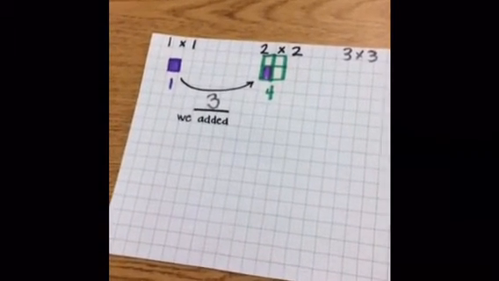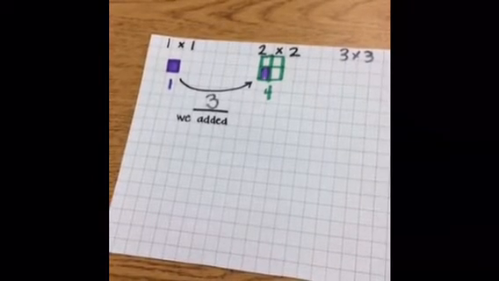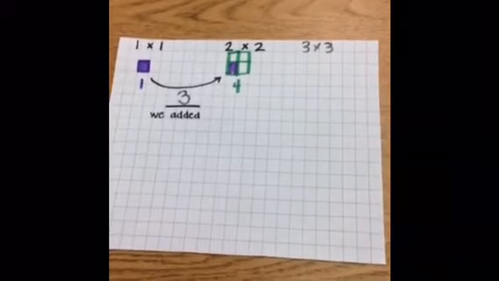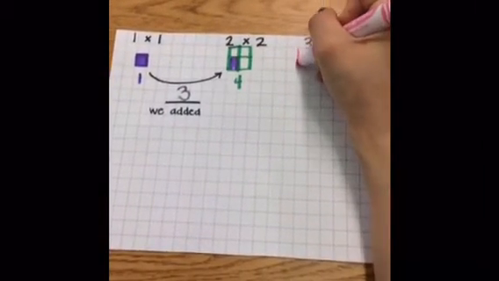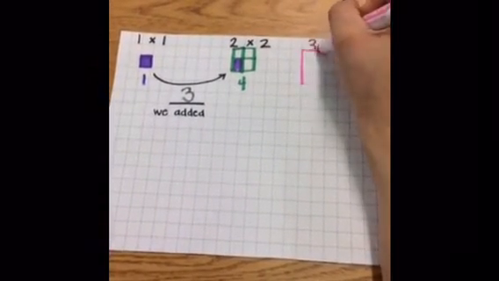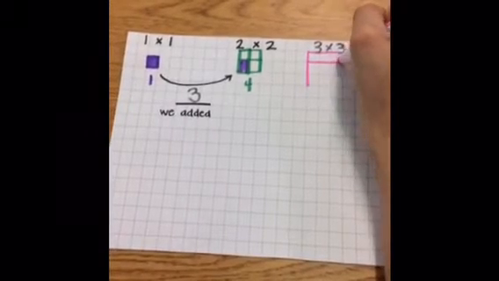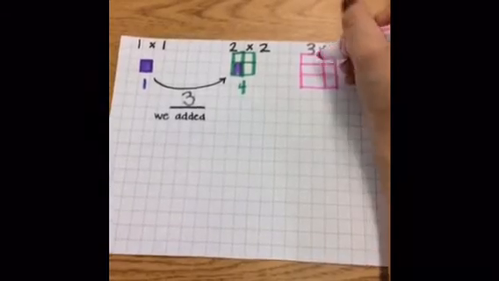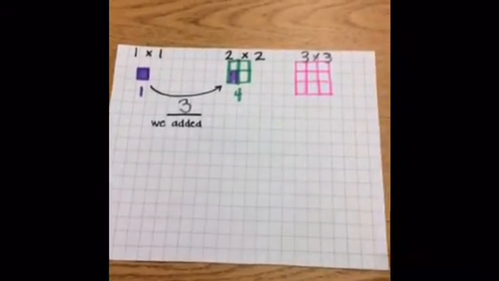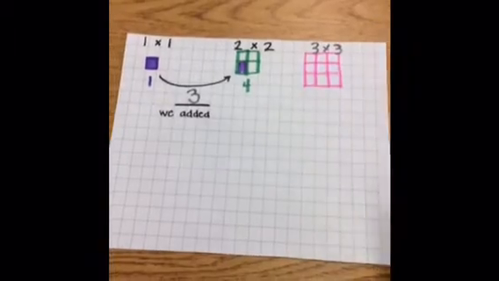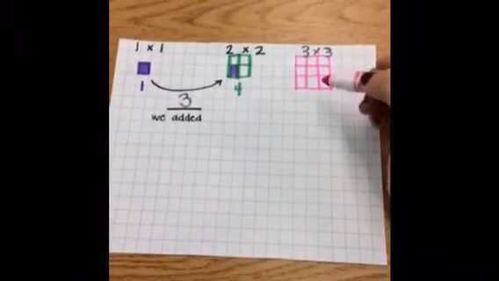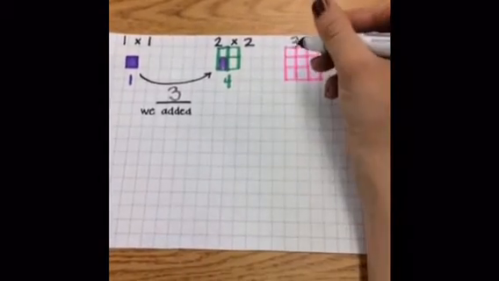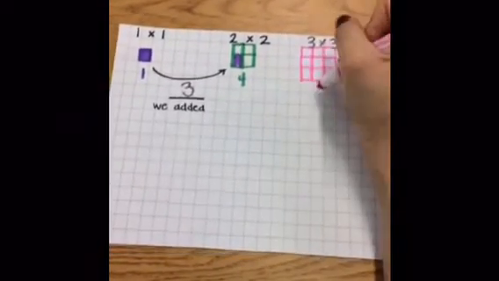So I'm going to go ahead and draw 3 rows of 3 squares, and I can see I have 1, 2, 3 in that row, 3 in the next row, 3 in the next row. And that gives me 3 times 3 is 9.